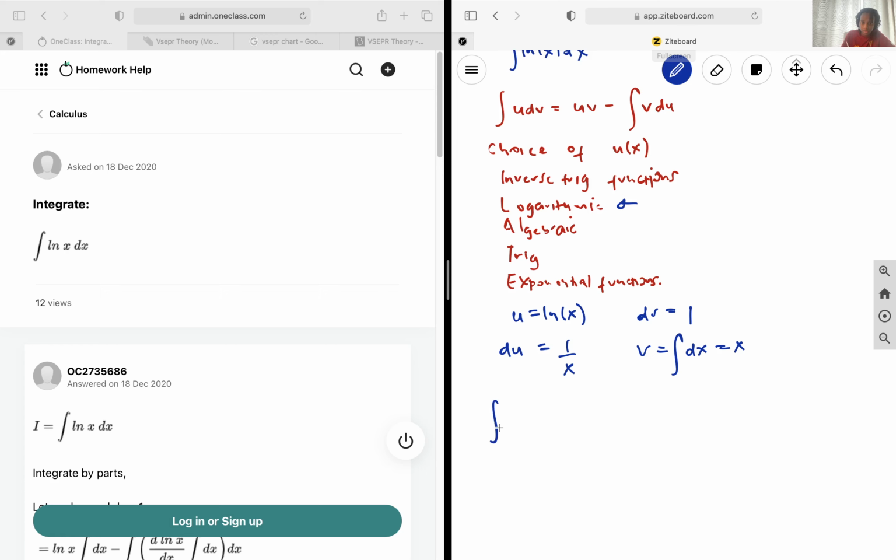And so let's put that all in using the formula I wrote up above. The integral of ln x times 1 dx is going to be x ln x minus the integral of 1 over x times x dx. This is going to cancel, and we'll get x ln x minus the integral of dx.